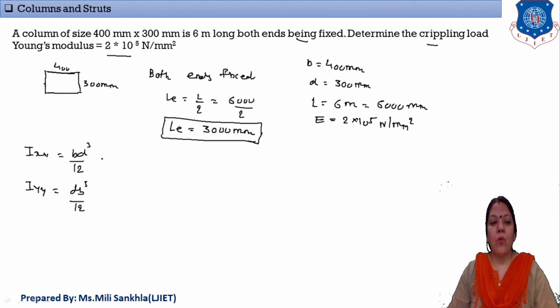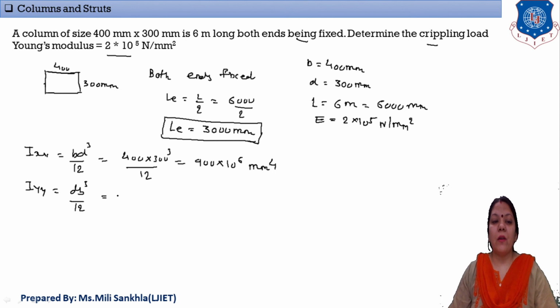Now Ixx is 400 into 300 cube by 12, and the answer is 900 into 10 raised to 6 mm raised to 4.